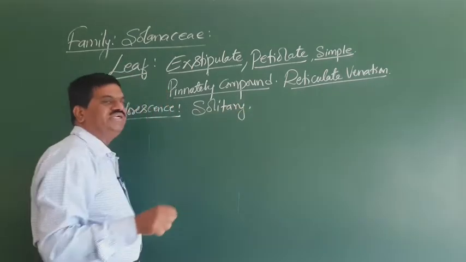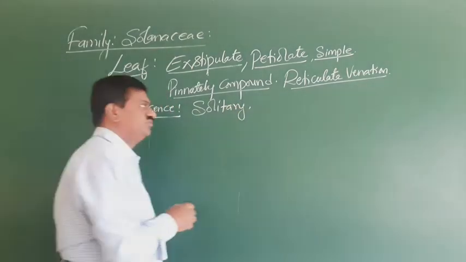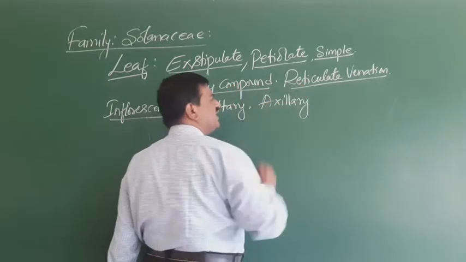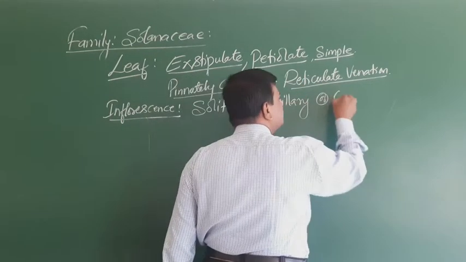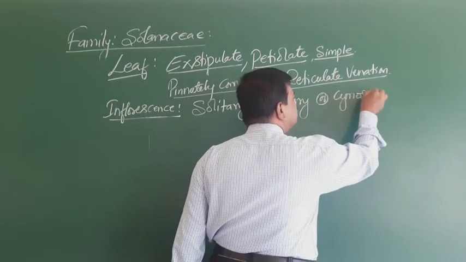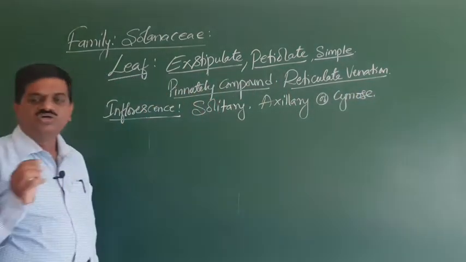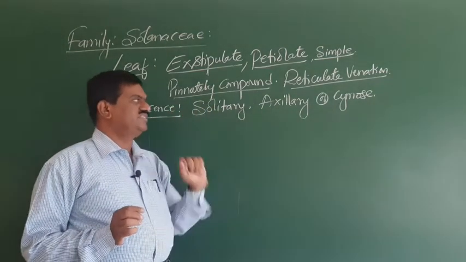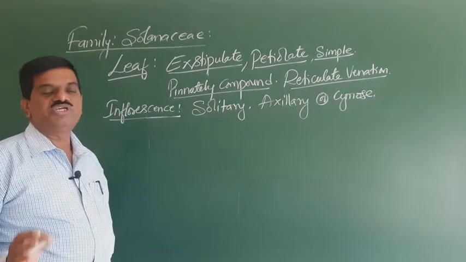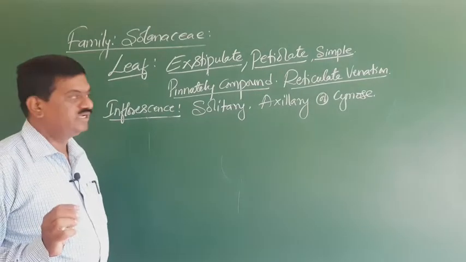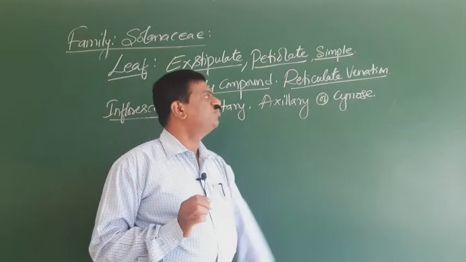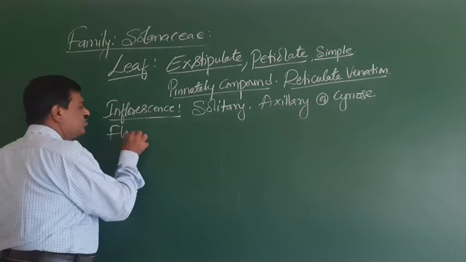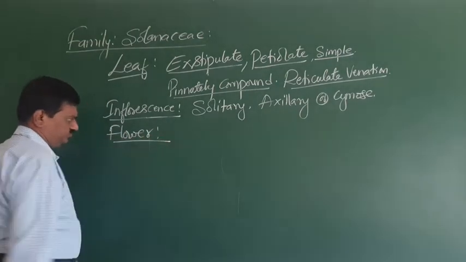The word solitary means single, or we use the word axillary, or in some it is called cymose. So the inflorescence is solitary, axillary. Cymose can be noticed in Solanum. In Solanum, there is the presence of cymose inflorescence.